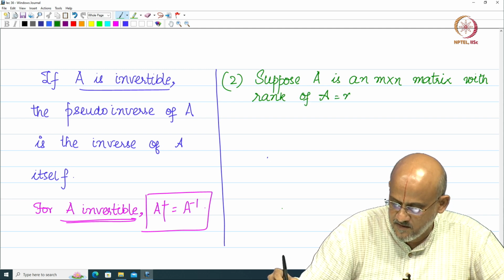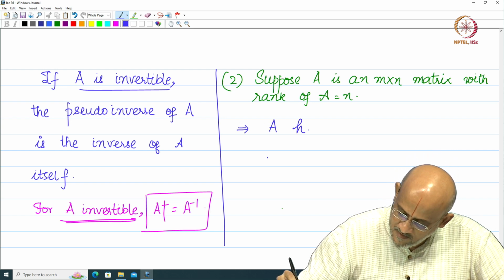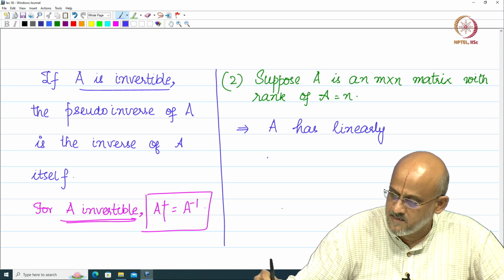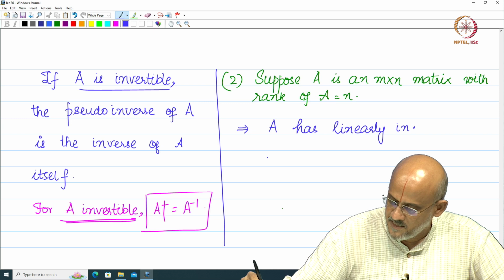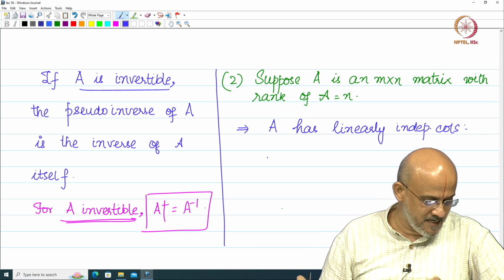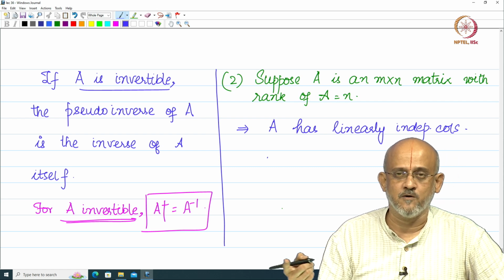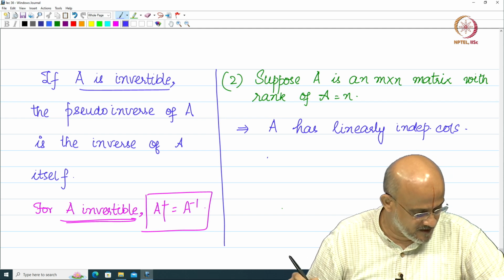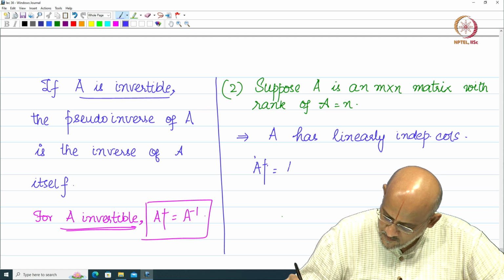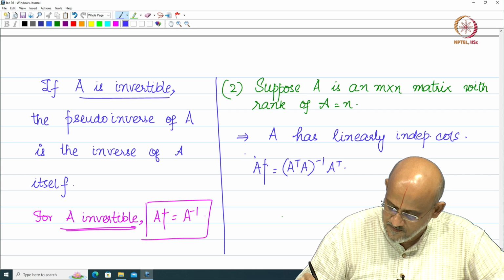What does that mean? This implies A has linearly independent columns, and we have already seen this. If A has linearly independent columns, A pseudo inverse is nothing but A transpose A the whole inverse into A transpose. So in this case A pseudo inverse is equal to A transpose A the whole inverse A transpose.